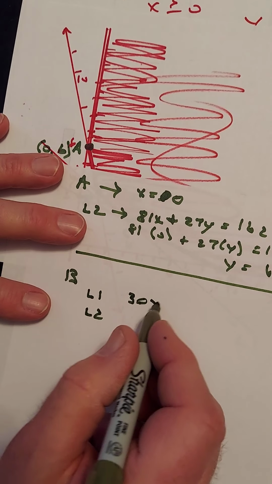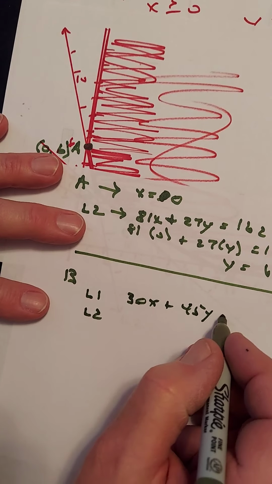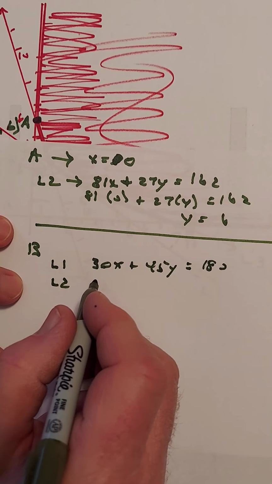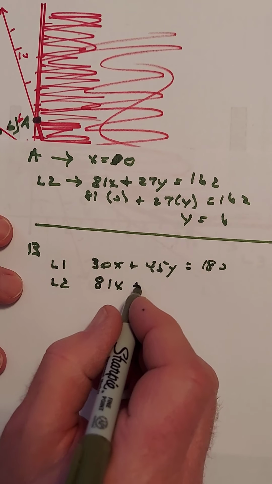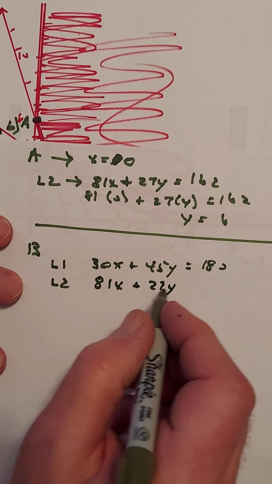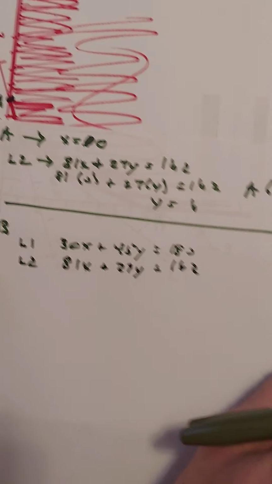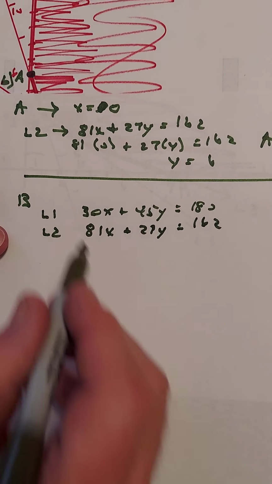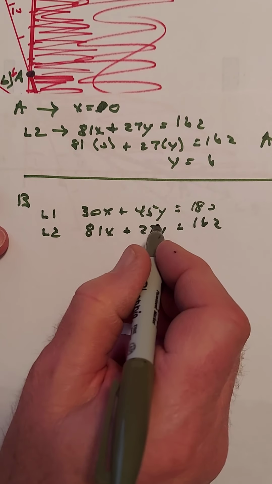L1 was 30x plus 45y, all I'm doing is copying, equals 180. And L2 was 81x plus 27y equals 162. This is going to be a tough one. We've got to either get the x's to match up or the y's to match up.